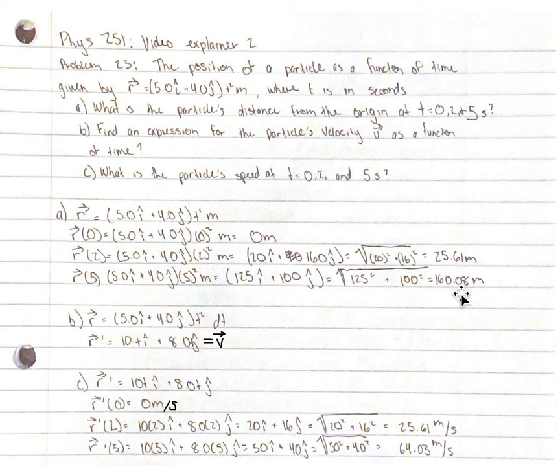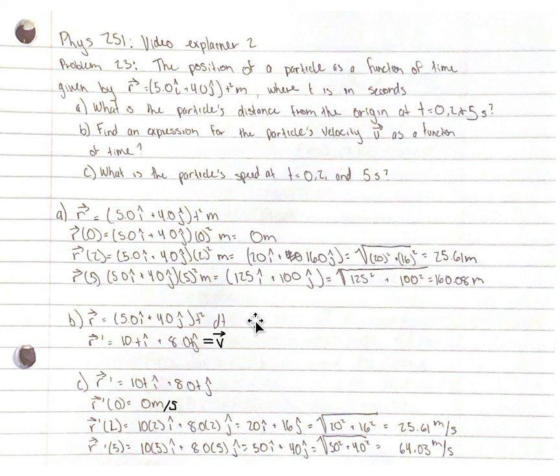For part B, we are looking for an expression for the particle's velocity as a function of time. For part B, it is important to understand the relationship between velocity and position, specifically that velocity is the derivative of the position function.